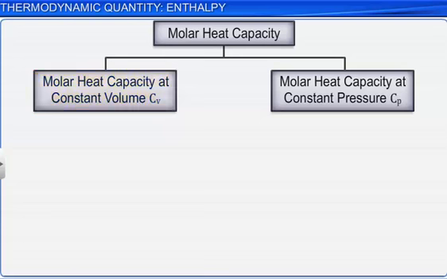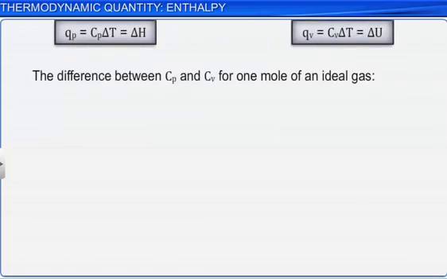Similarly, at constant pressure, heat Qp equals the product of heat capacity at constant pressure Cp and change in temperature delta T. We have seen that at constant pressure the heat absorbed by the system is equal to the change in enthalpy. Hence, Cp into delta T can be written as equal to delta H. The difference between Cp and Cv for 1 mole of an ideal gas can be derived as follows.